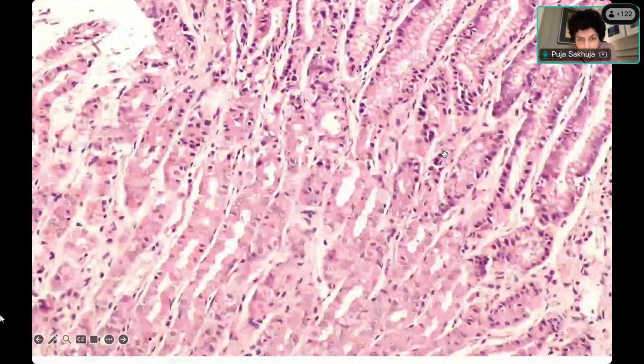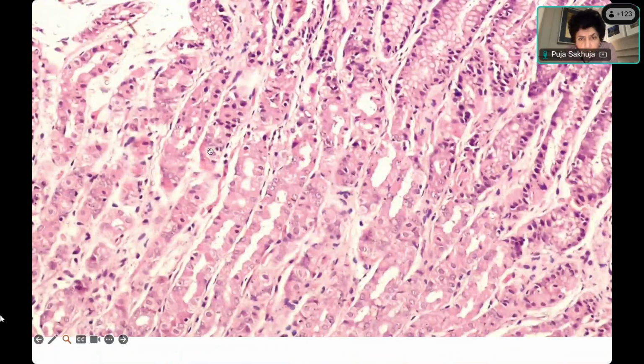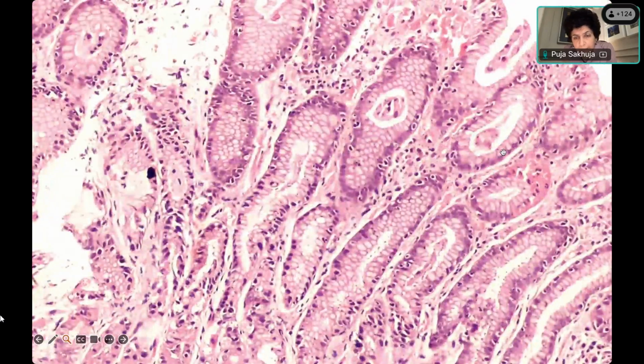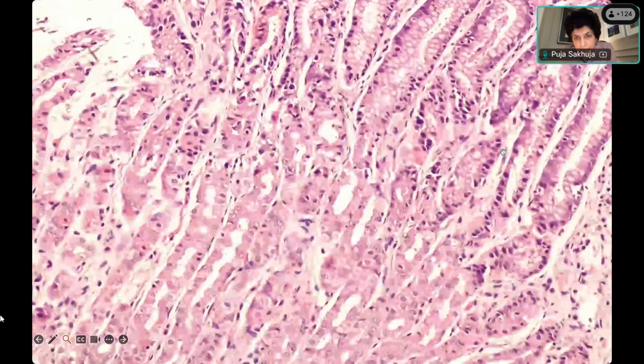And as you go down, what type of cells are these? Are they looking the same as the ones above? No. So these are specialized cells. Okay, in the stomach, which part between the cardia, fundus, body, antrum do you get these foveolar cells on top and then the specialized cells at the deeper region?